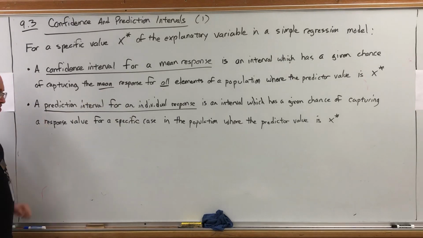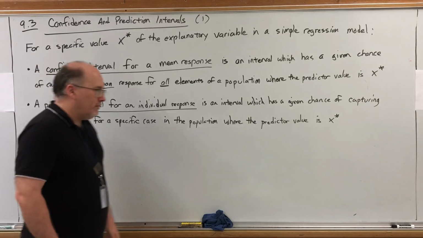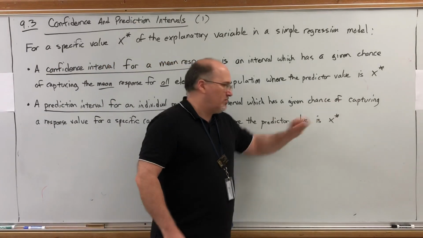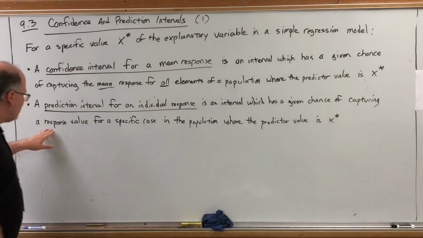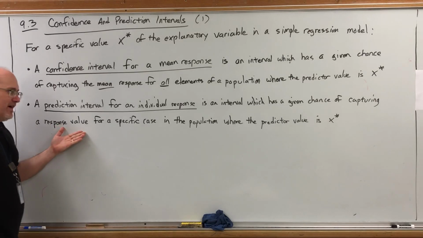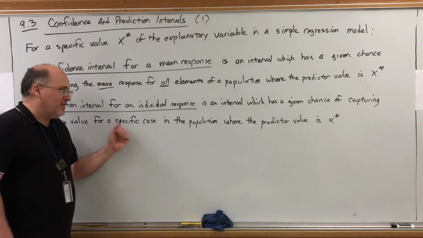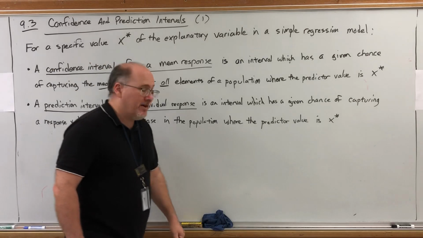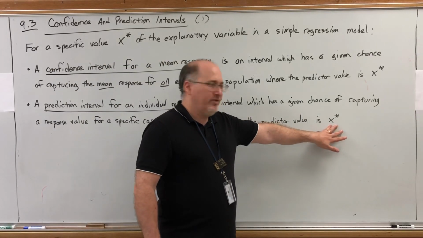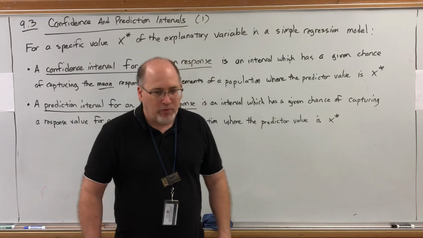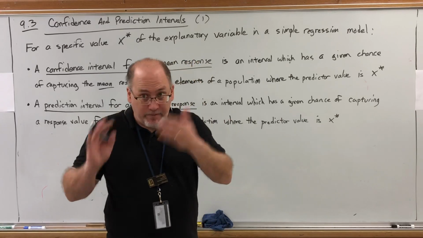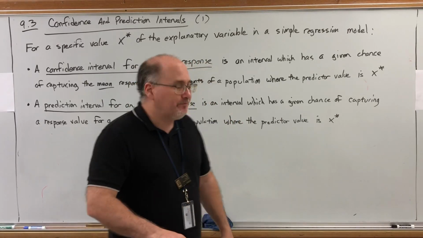Now, a prediction interval for an individual response is an interval, and it still has a given chance of capturing something, but what it's trying to capture is the response value for a specific case in the population where the predictor value is some value called x star. For example, let's go back to the bill trying to predict the amount of the tip.